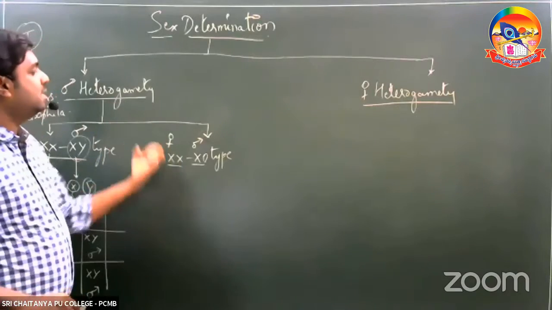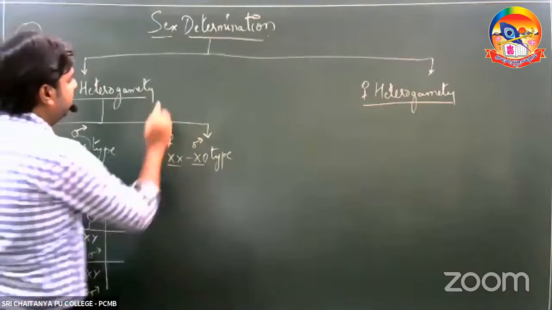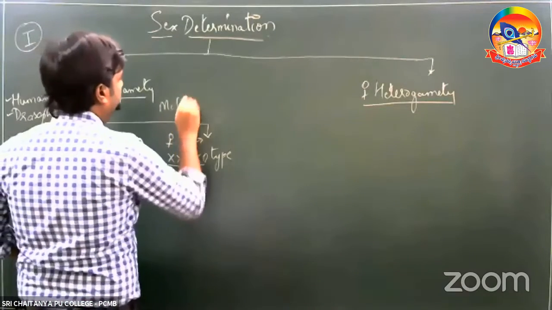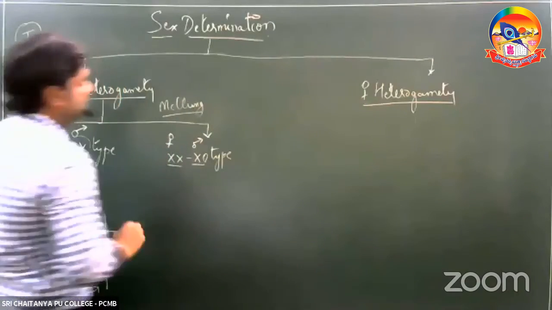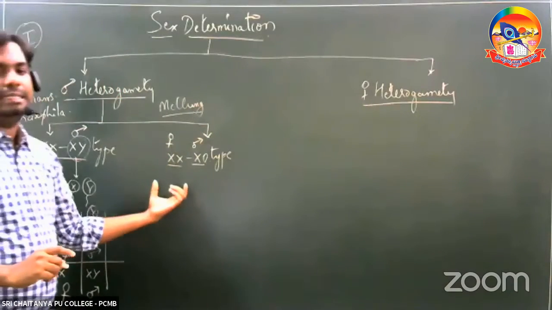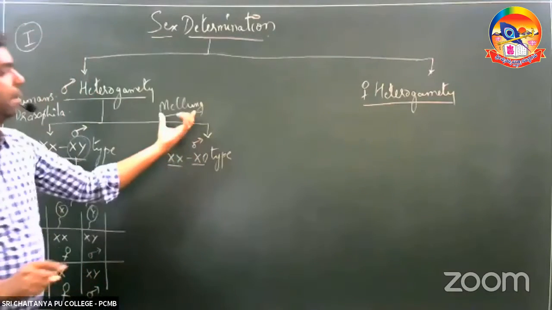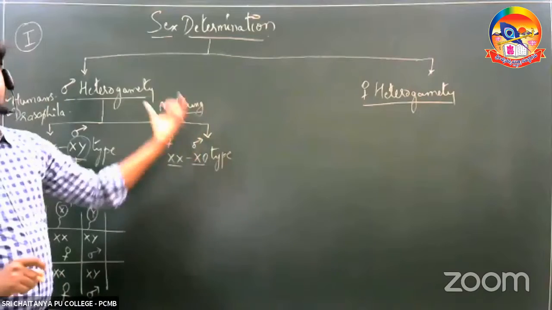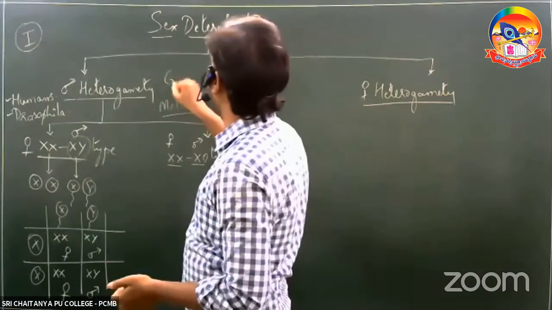This XX and X0 type of sex determination was first given by a scientist by the name McClung, as we have already seen in the beginning of the class. And what example can we take here? The example we can take is grasshoppers.